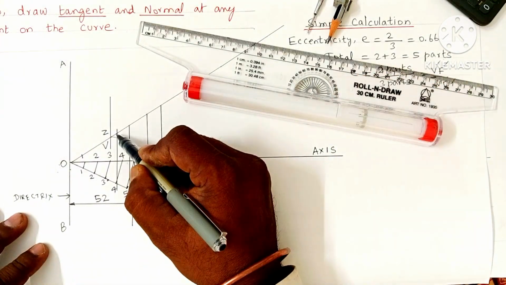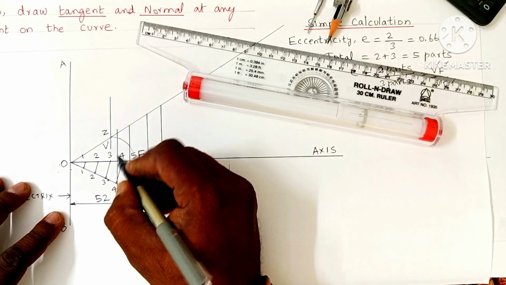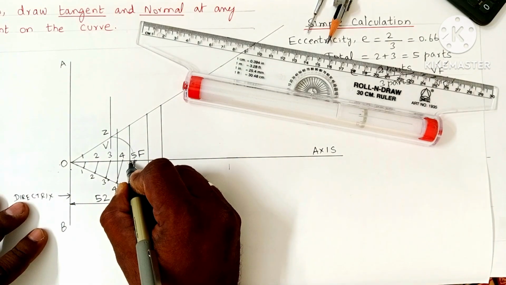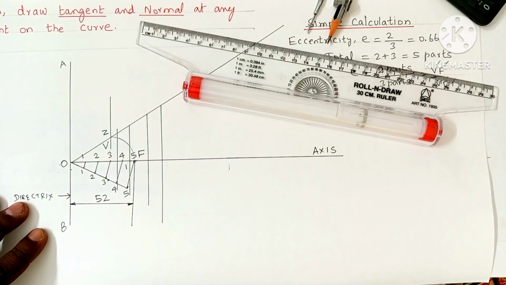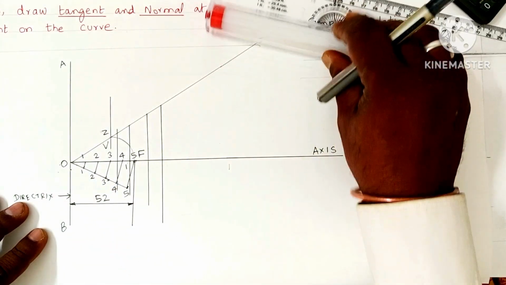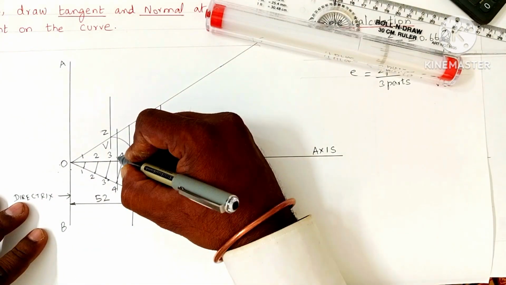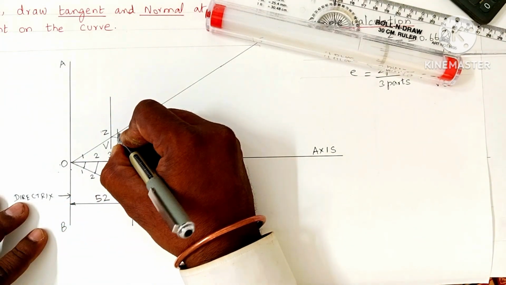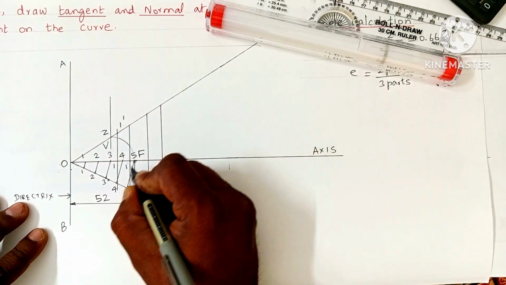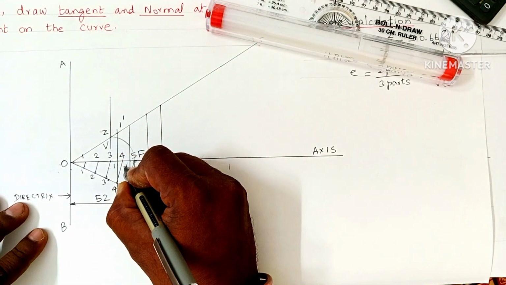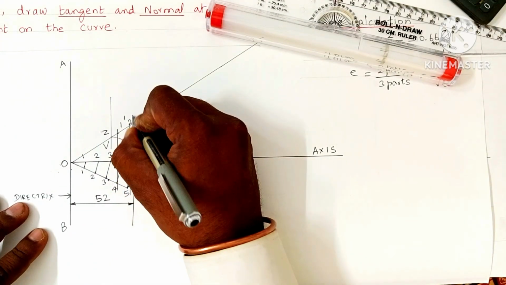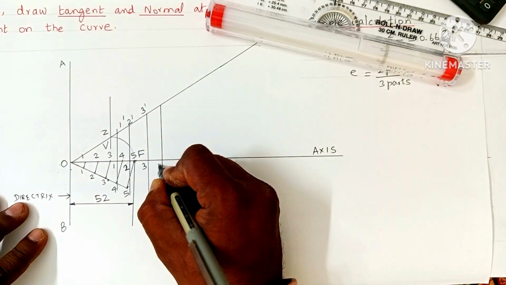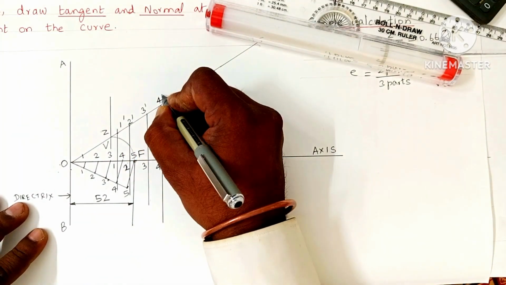This is the first vertical line. Where it intersects the axis, this point shall be marked as 1. Where it intersects the OZ line, this point shall be marked as 1 dash. The second vertical line shall be marked as 2, 2 dash, then 3, 3 dash, 4, 4 dash.